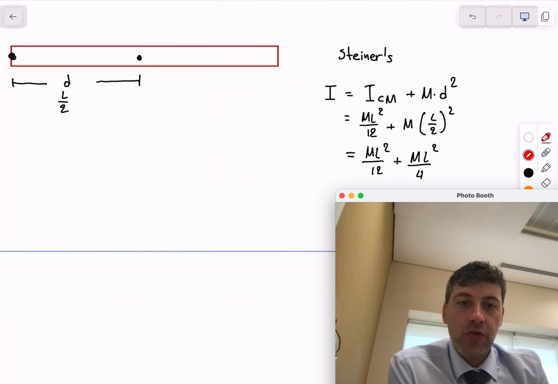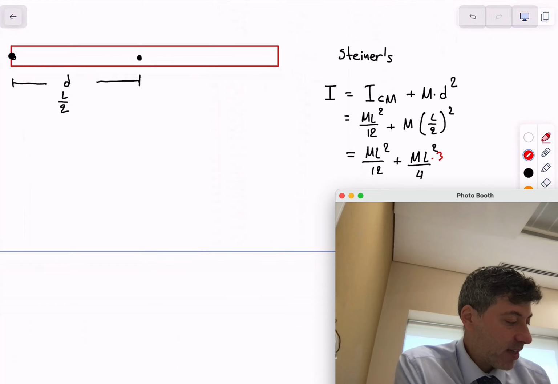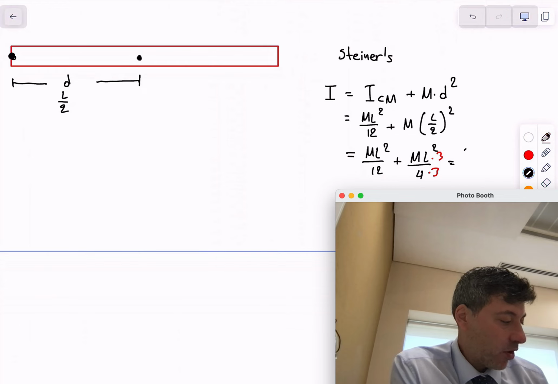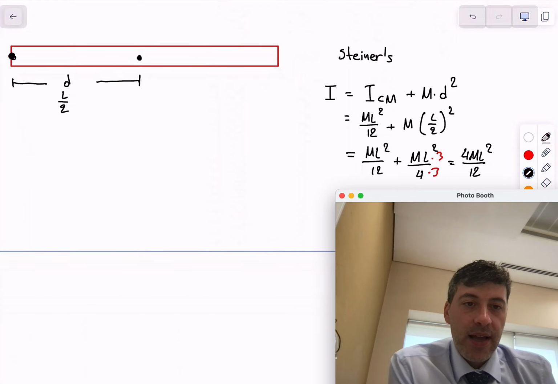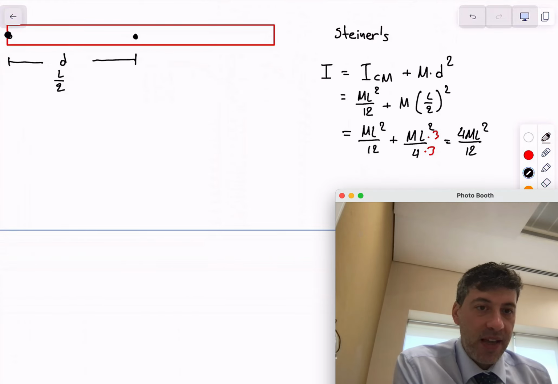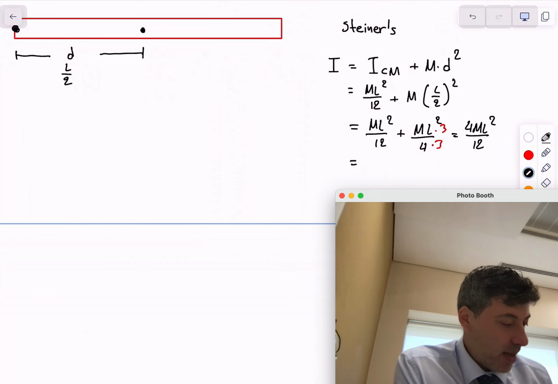And in order to add these two fractions, we need common denominators, so times 3. This brings 3mL squared plus mL squared. It is 4mL squared over 12. And if we simplify, the final result is mL squared over 3.